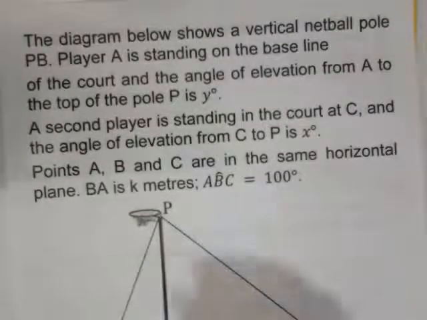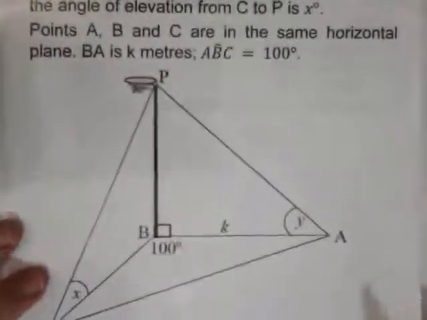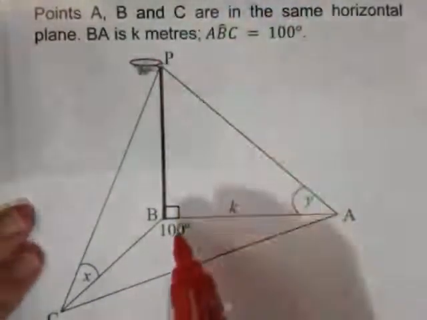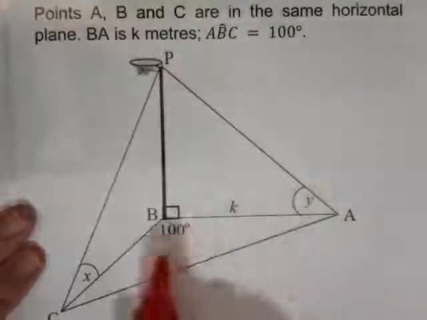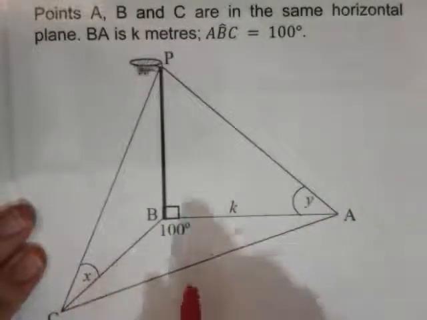So we've got, let's look at the diagram. I will just paraphrase what the question says. We've got a netball pole and two players, A and C, on the field.